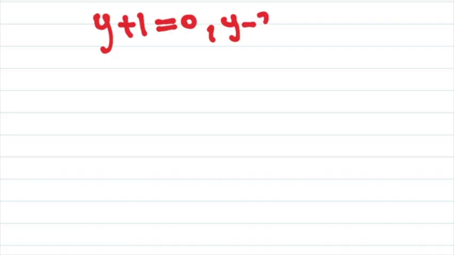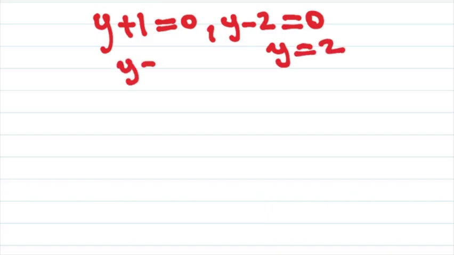Now you can just solve for y. So y plus 1 is equal to 0 and y minus 2 is equal to 0. So y is equal to 2, y is equal to -1.